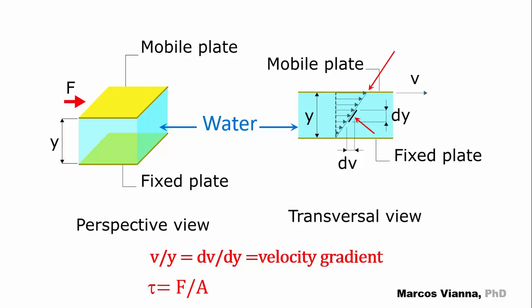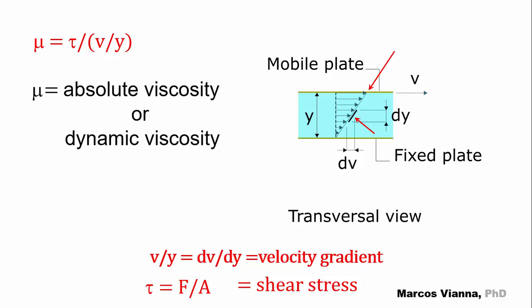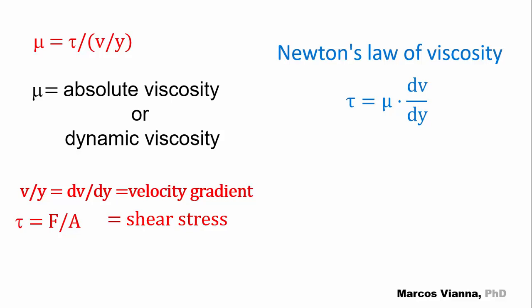The relationship F over A equals tau is the shear stress. The relationship shear stress over velocity gradient is equal to mu, and it's called absolute viscosity or dynamic viscosity. Newton's law of viscosity states that tau equals mu dv over dy.